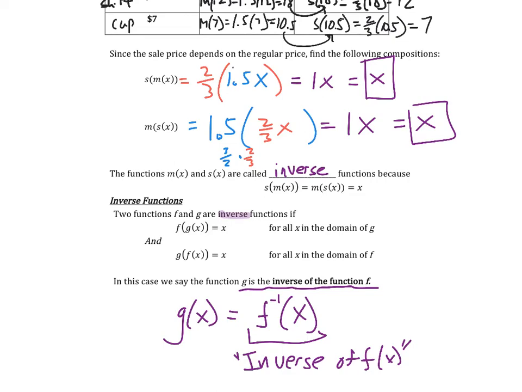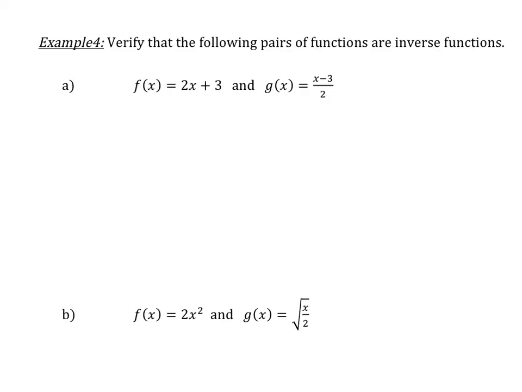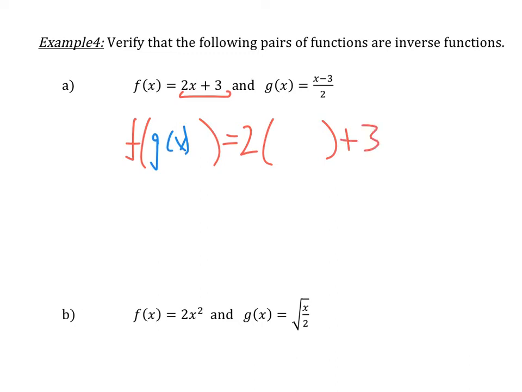They undo each other. So the first thing we need to do here is we need to be able to test to see if two functions really are inverses of each other. All right? Then we'll work on finding them. So if we take f and we compose it with g, we're hoping that we get x in the end. All right? So let's take f, which is 2 times something plus 3. Notice I write an empty parentheses there.